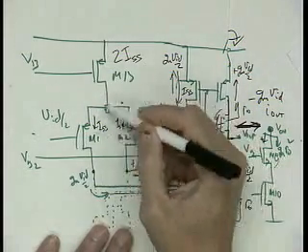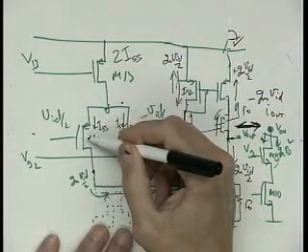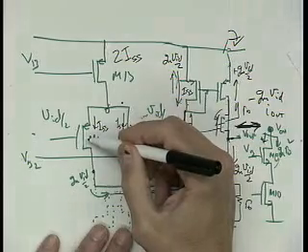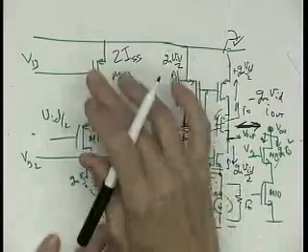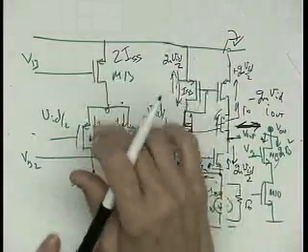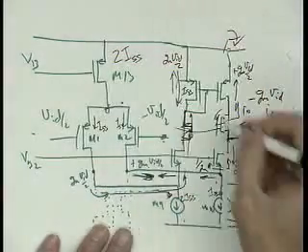What does the current in the driver devices do? What can we use it to improve that'll help our gain? If we put more current through the driver devices, what will improve? Gm.